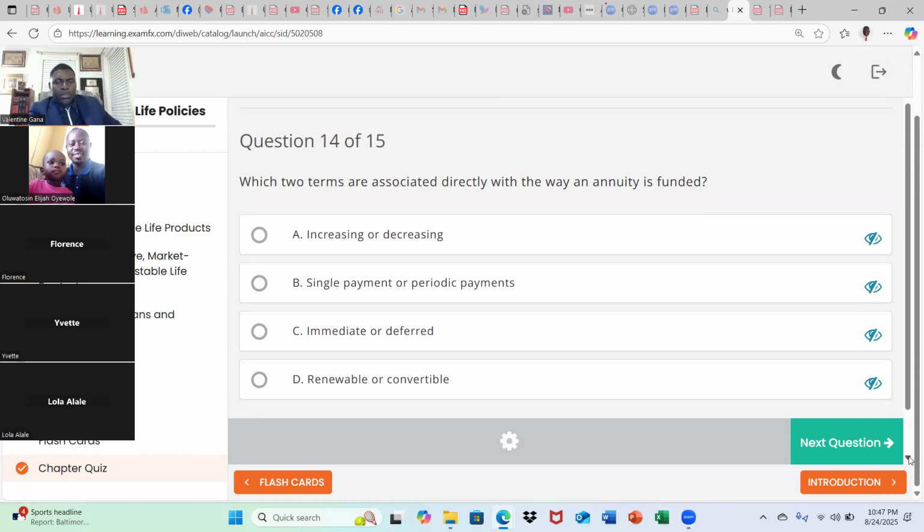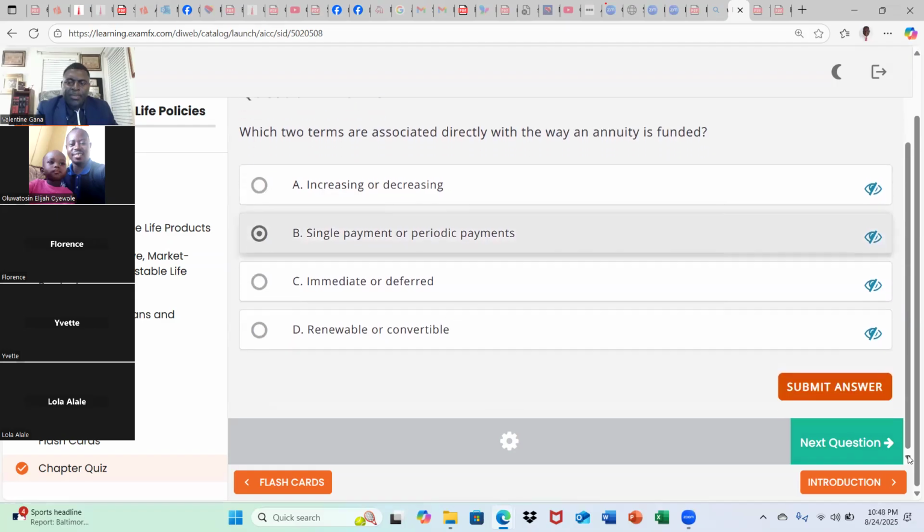I think it's C, immediate or deferred. B, single payment or periodic payment is how it's funded. Immediate or deferred is about how payments come out of the annuity. B is about how it's funded. Premium, periodic payments.